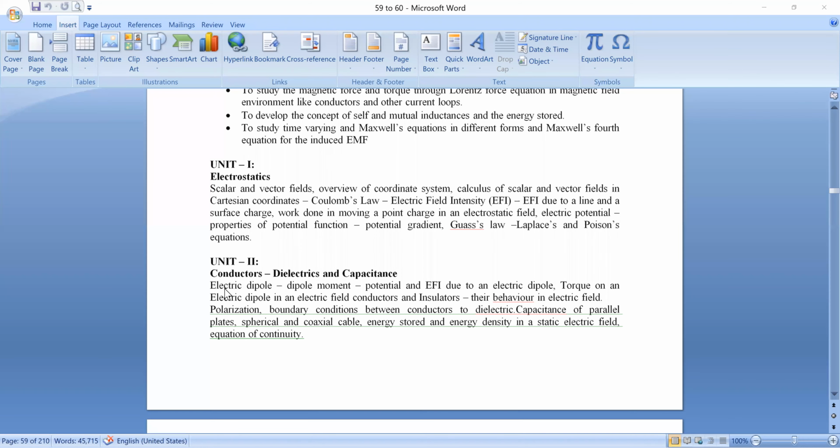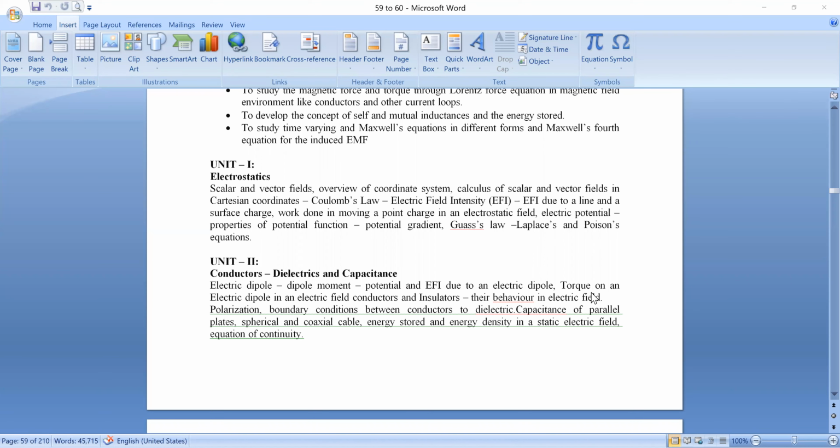So here, electric dipole. The electric dipole means, di means two. Whenever two equal and opposite charges are separated by a fixed distance, then that arrangement is known as an electric dipole, with a dipole moment. Now, with the help of this dipole, we calculate the potential for the dipole, and also the electric field intensity.